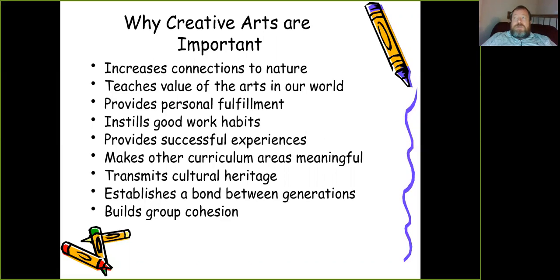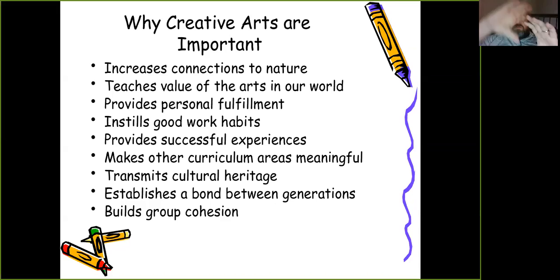It can spill over and make other curriculum areas more meaningful. For example, that idea of acting out stories like Little Red Riding Hood or Three Little Pigs. Well, that ties directly into our language domain. The arts give us opportunities to transmit our cultural heritage, to look at the art that represents our culture and to participate in that.